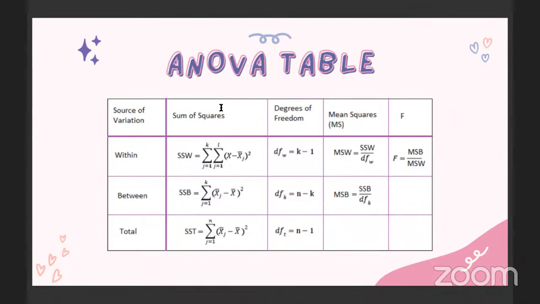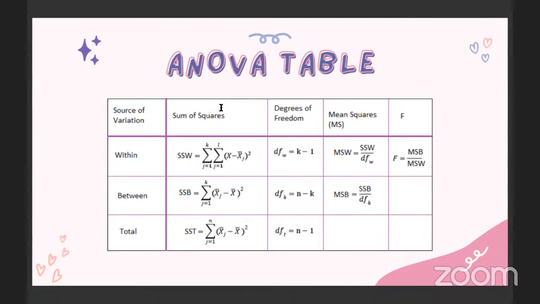Here's our ANOVA table. Source of variation: within, sum of squares SSW, here's the equation; degrees of freedom, df within equals K minus 1; mean squares, MSW equals SSW divided by df within. The F is MSB divided by MSW.